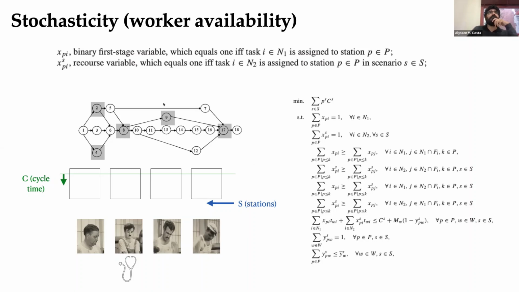So in this new version of the problem, we had some of the tasks as recourse variables, as second stage variables, that we would be able to assign once the uncertainty was realized, once you knew which workers were available. The main goal here is to show that somehow different versions of the problem can be modeled with very similar models. It looks kind of confusing here because you have all these second stage variables and you have to write the constraints for each scenario, but if you dive in, the idea is exactly the same.